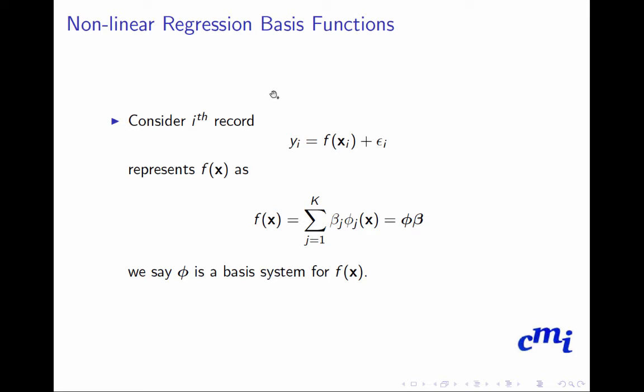Consider the ith record, y_i, as a function of x_i plus epsilon_i, just one x_i, and that function is represented as the summation over j equal to 1 to k of beta_j phi_j(x). I can write it as phi times beta, where phi is known as the basis system for f(x), and the phi_j(x) are completely known to us.